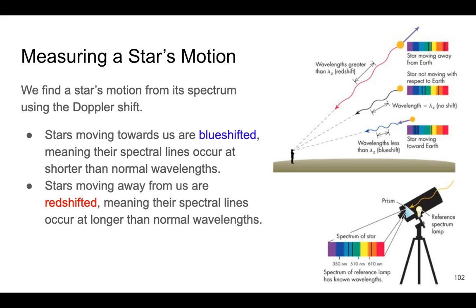So at whatever wavelength you expect that particular hydrogen line to be at, it's going to be slightly shorter. So the line's still there, but it's in a slightly different place. It's shifted. We call this blue shifted. If the star is moving away from you, then we say that star is red shifted. So you see the right pattern of lines, you know what that pattern is, but it's shifted to slightly longer wavelengths in that case.